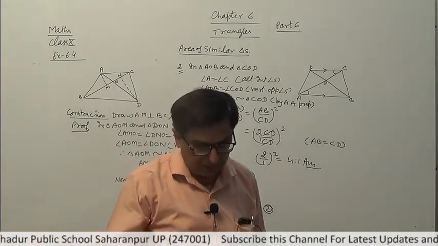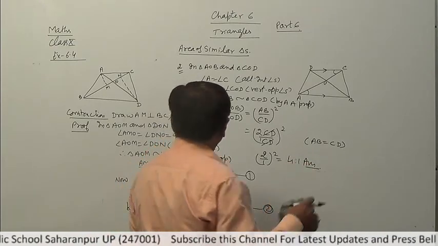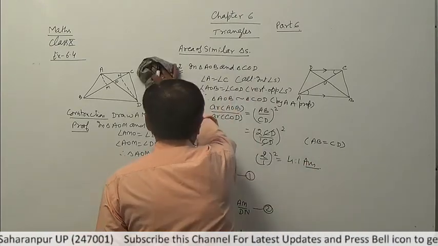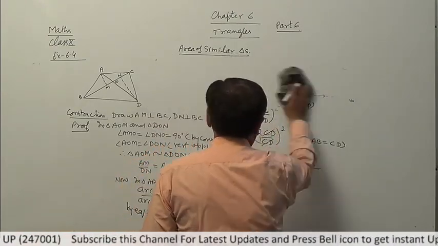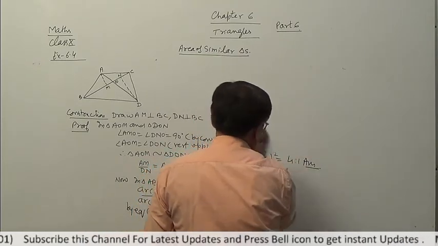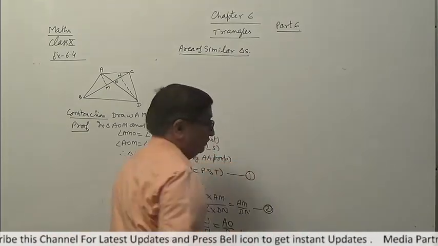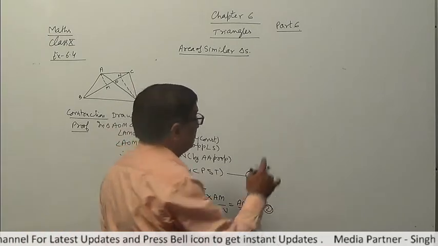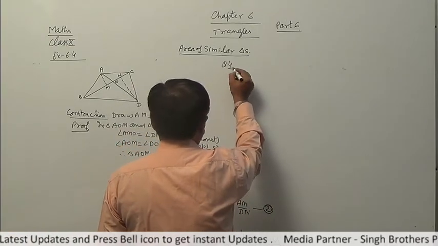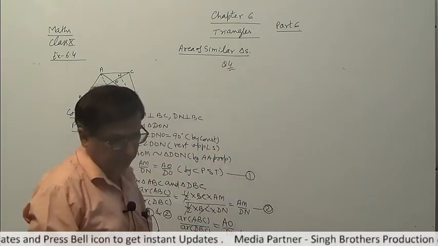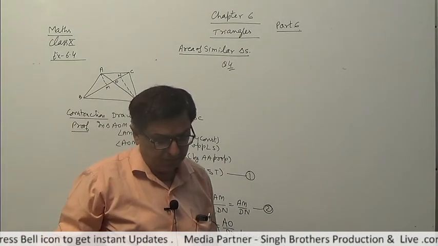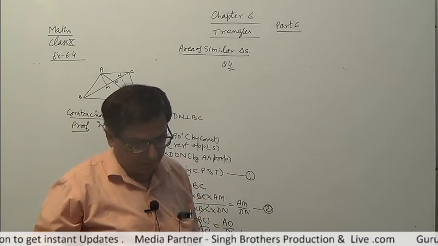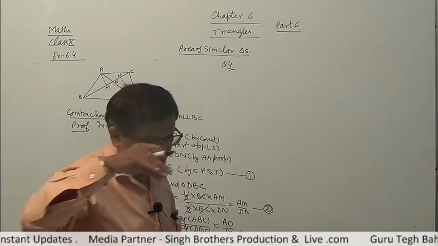See the question number 4. If the areas of two similar triangles are equal, prove that they are congruent.